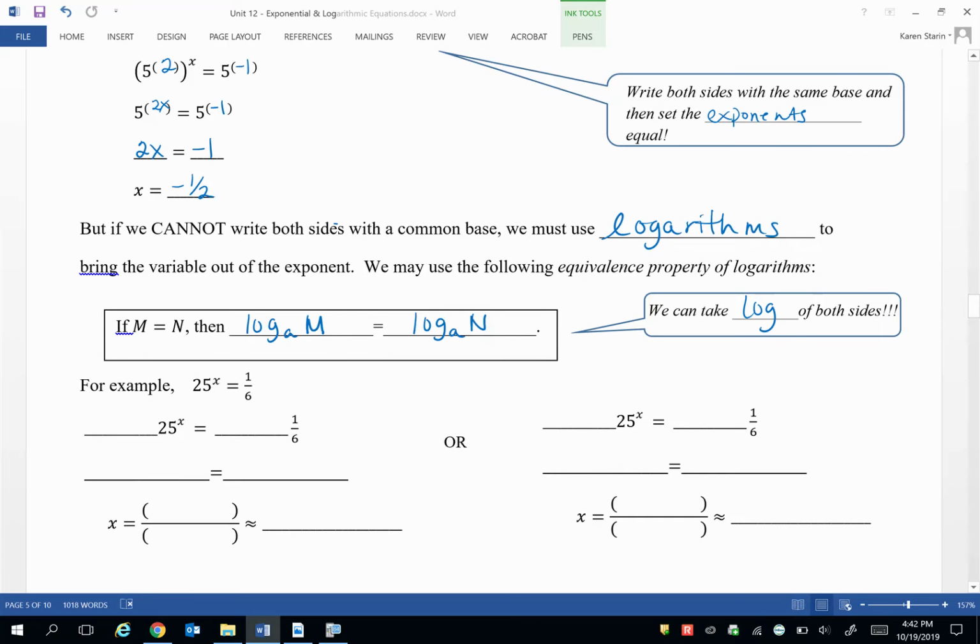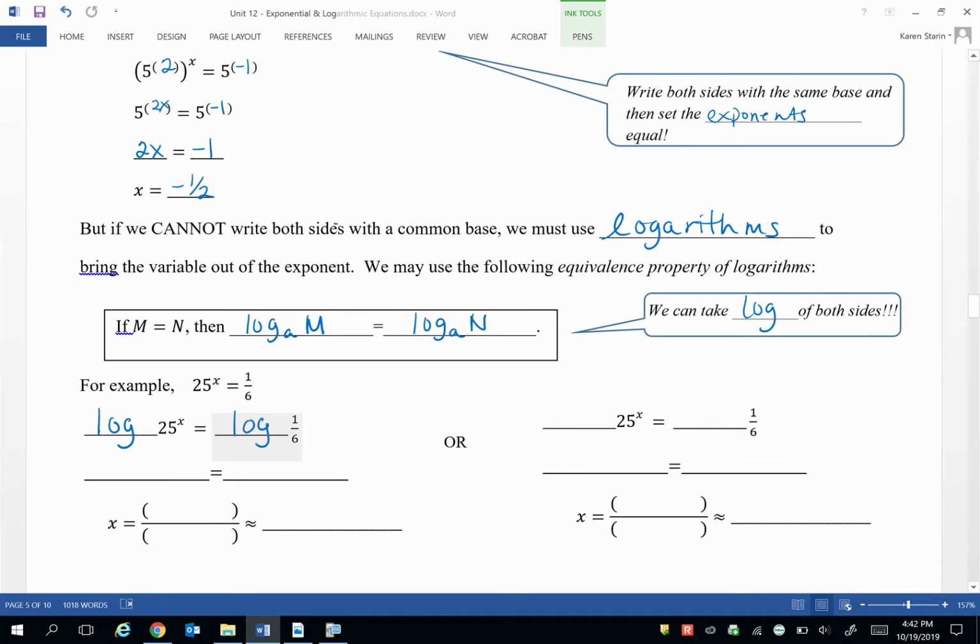For example, 25 to the x power equals 1/6. Well, I'm not seeing how I can get 25 and 1/6 to the same base. So I'm going to take the log of both sides. I'm going to say log of 25 to the x power equals log of 1/6.